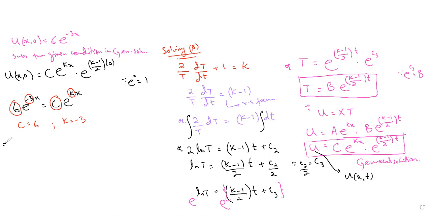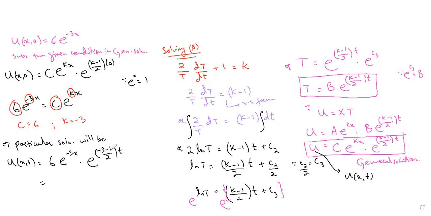So the particular solution will be u, a function of x and t, that is equals to c, the value of c is evaluated as 6, exponent of k, the value of k substituted as minus 3x, into exponent of (minus 3 minus 1) divided by 2 into t.